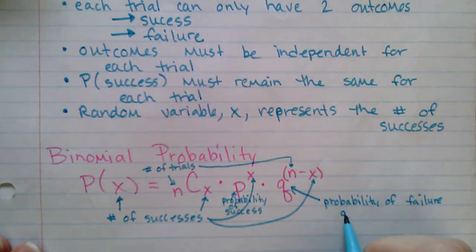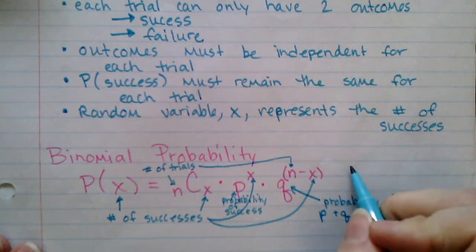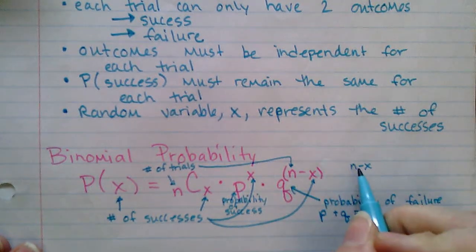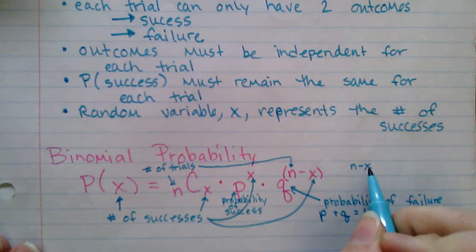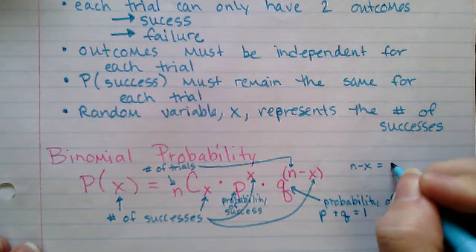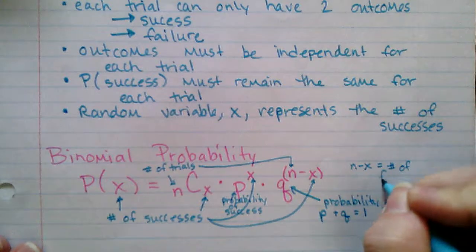And you find q by knowing that p plus q has to equal 1. And then if you look at this n minus x, if n is the number of trials and x is the number of successes, then n minus x is the number of failures.